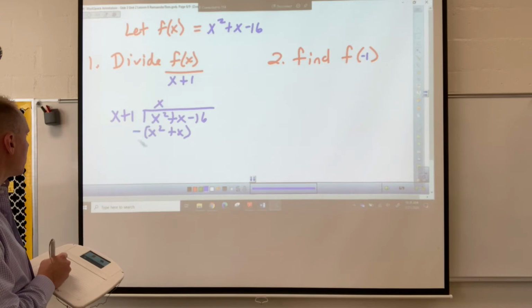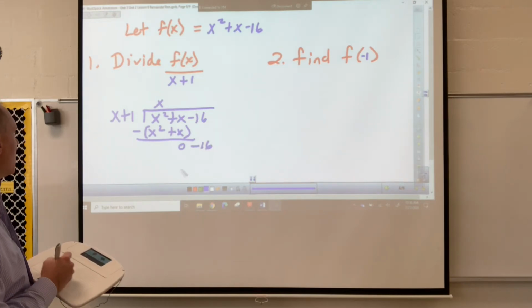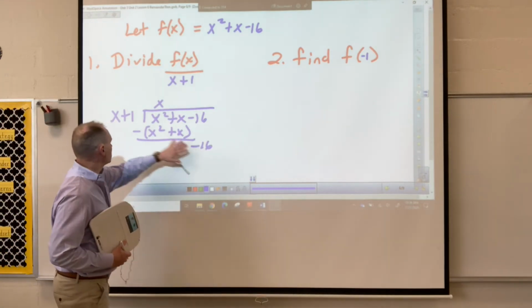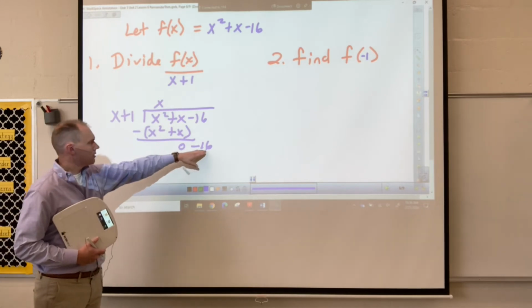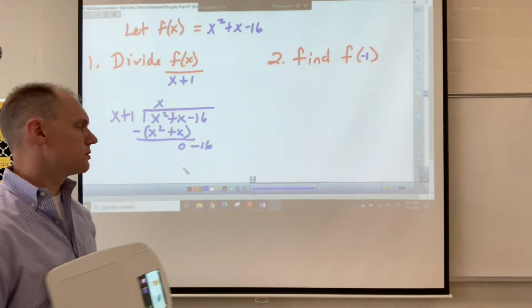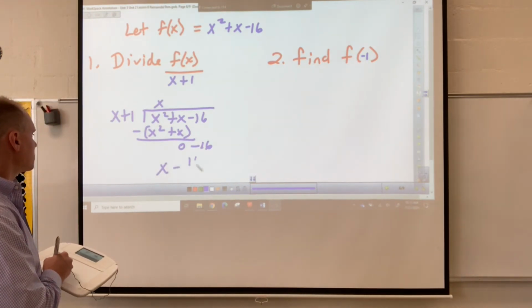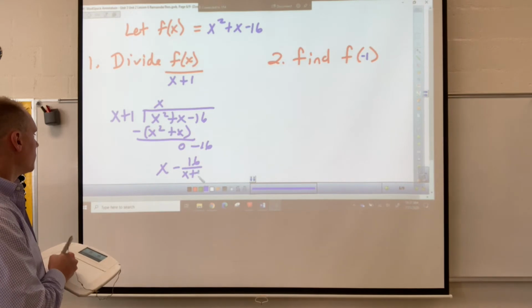Don't forget to subtract. When you do that, you get 0, and bring down the minus 16. And we're done, right? Because now all of a sudden, the degree of what's left is less than the degree of the divisor. So our answer here is x minus 16 over x plus 1.